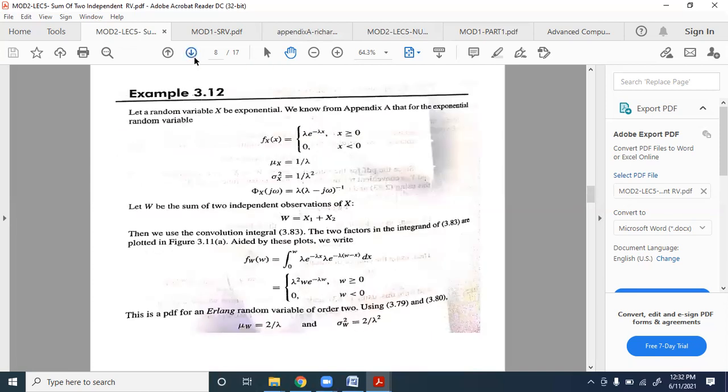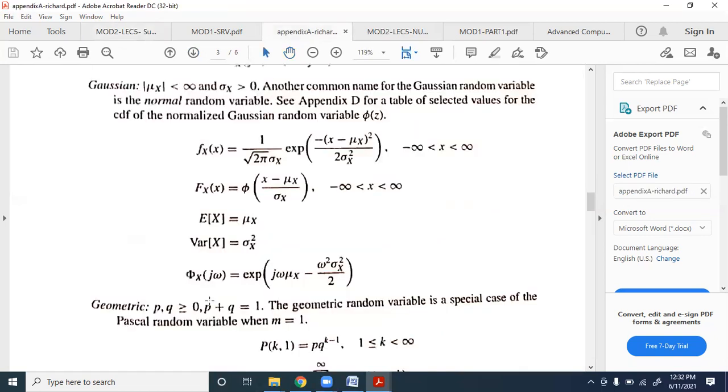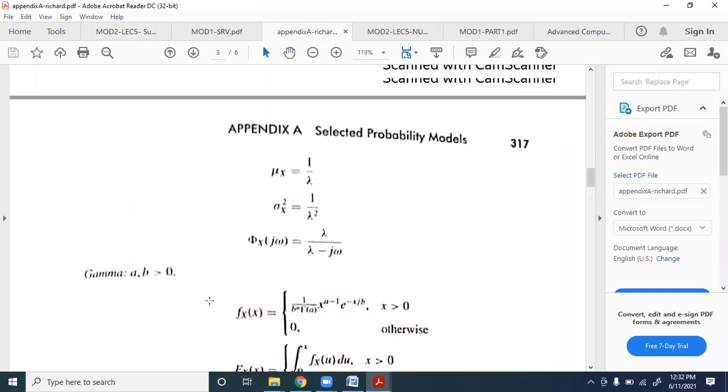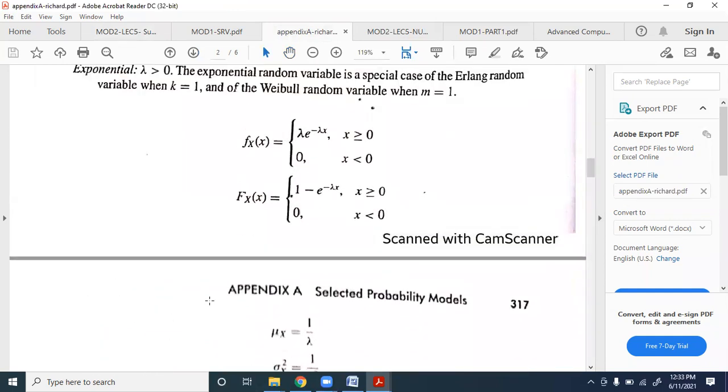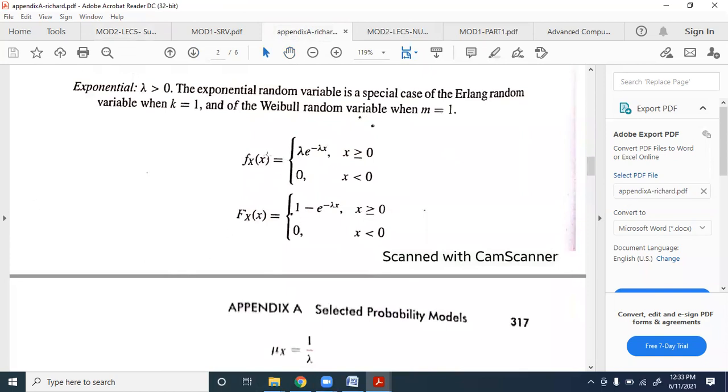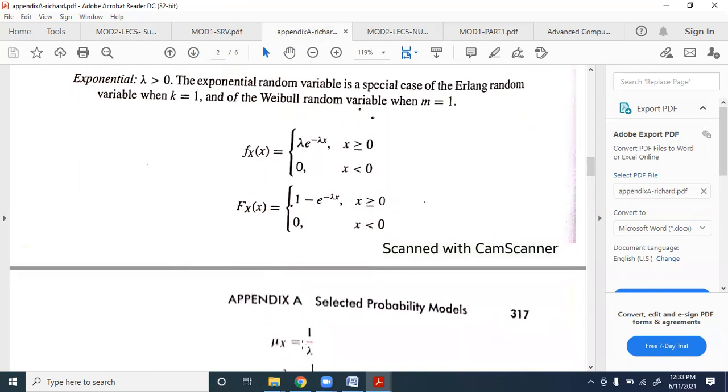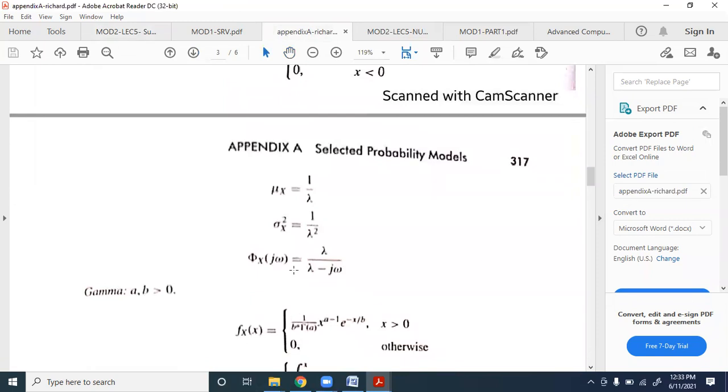Now let us go to the next problem. The next problem considers the random variable to be exponential, and again that is picked up from Appendix A. This is the PDF for the exponential random variable, with mu x equal to 1 by lambda and sigma x squared equal to 1 by lambda squared, and the characteristic function lambda by lambda minus j omega.